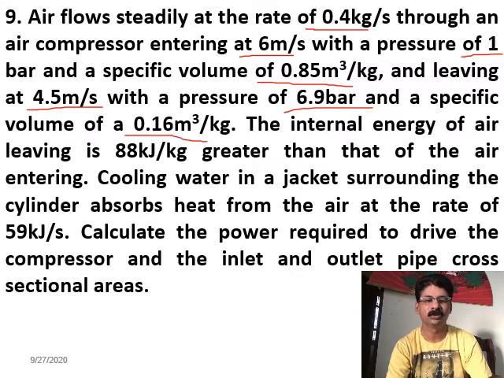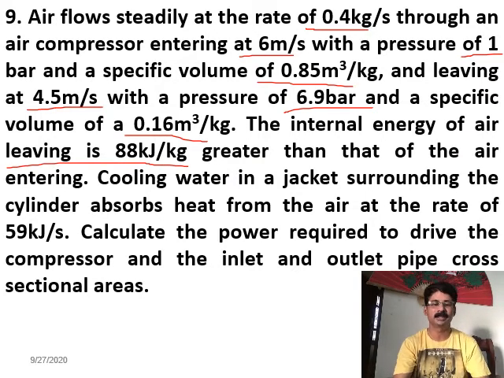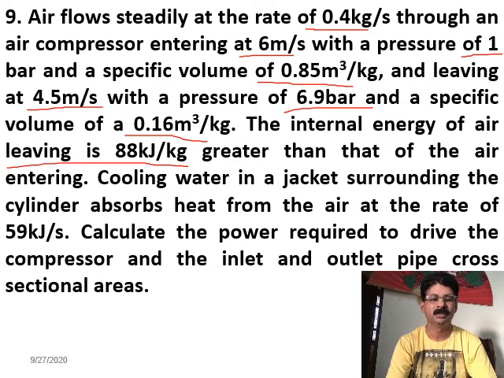Now coming to this part, the internal energy of air leaving is 88 kilojoules per kg greater than that of the air entering. So internal energy of air leaving is greater, that means u2 minus u1 is 88. Very important, small u2 minus small u1.